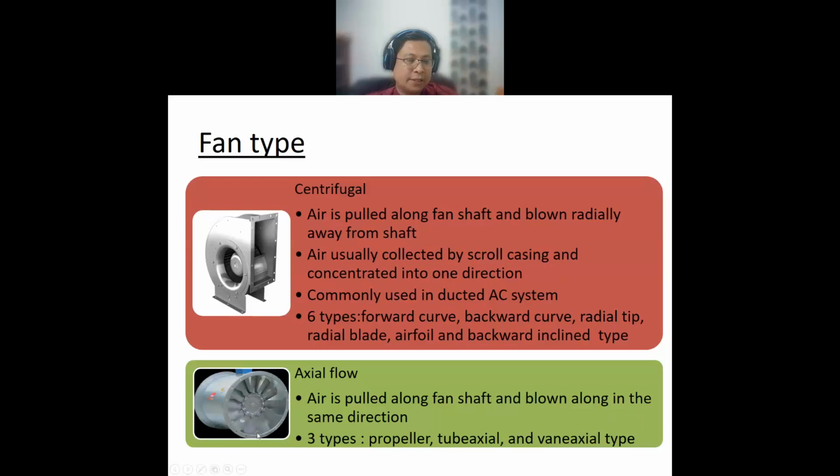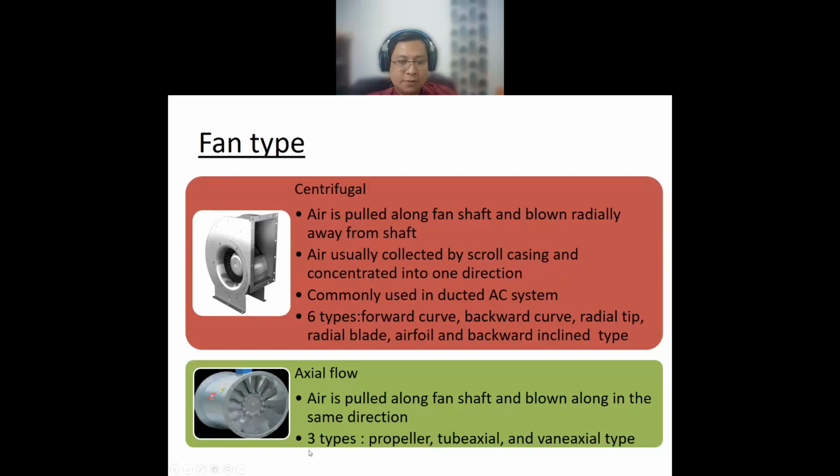So it is easy to attach in the duct system. Maybe we can install it in a round duct, and the flow will go directly through the blade in the same direction.